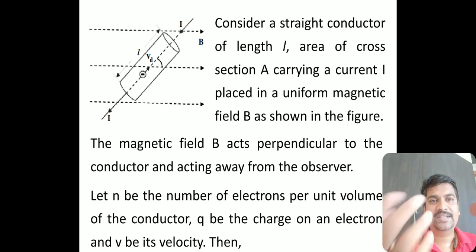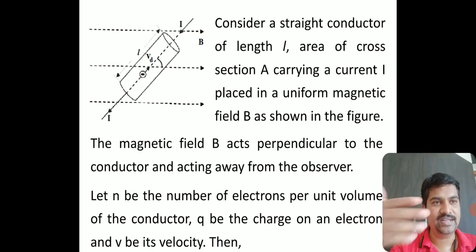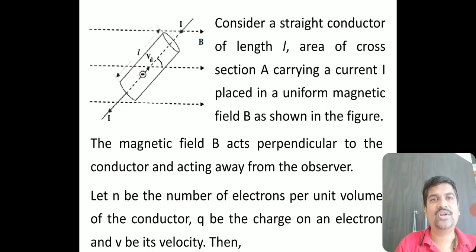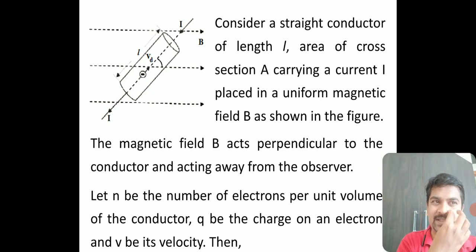I still need to consider some more data here. Let N be the number of electrons per unit volume, the electron density. Q is the charge on each electron, which we know is 1.6 into 10 to the power of minus 19 coulomb.